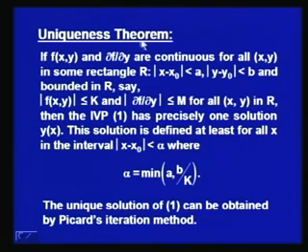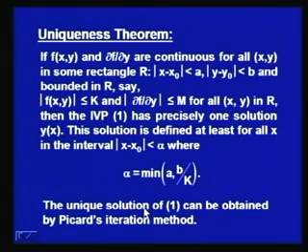The next theorem, which is the uniqueness theorem, tells us that if f(x,y) and the partial derivative of f with respect to y are continuous for all (x,y) in some rectangle R given by |x minus x0| less than a, |y minus y0| less than b, and bounded in R, that is to say |f(x,y)| is less than or equal to k and |partial f by partial y| less than or equal to m for all (x,y) in R, then the initial value problem 1 has precisely one solution y(x), and this solution is defined at least for all x in the interval |x minus x0| less than alpha, where alpha is the minimum of a and b/k.